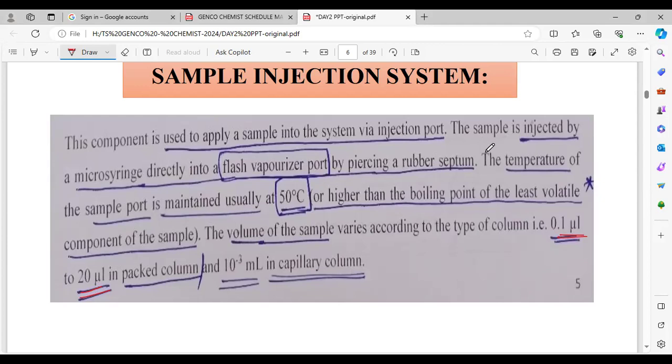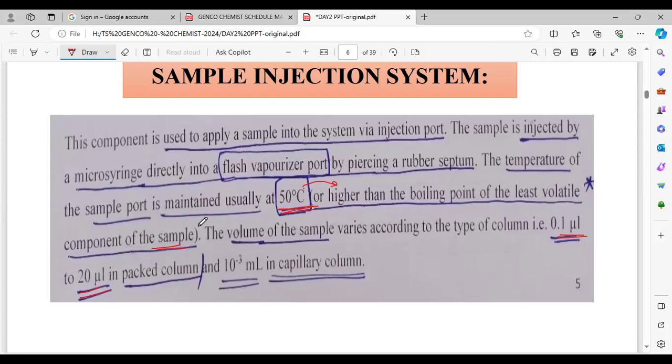Here the sample injection port has certain conditions. It is usually maintained at 50 degrees temperature. What is the importance of this 50 degrees? Generally, it is higher than the boiling point of the least volatile components in the sample. Because your sample must be converted into a volatile nature, into the vapor phase or gas phase.